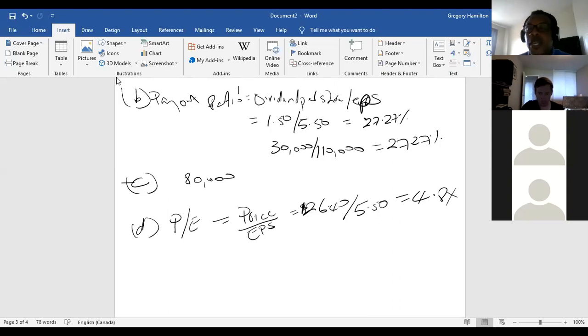Professor, would you be able to explain what the 4.8 means again, please? So the 4.8 is telling you the multiple of the earnings per share at which the stock is trading.